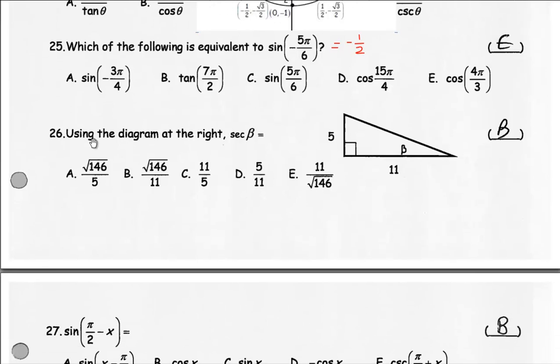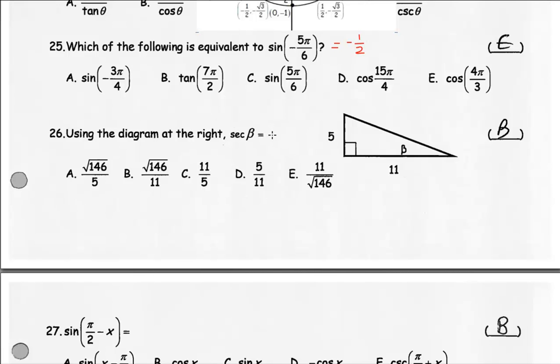For question number 26, it says using the diagram at the right, find the secant of angle beta. Well, secant is the reciprocal of cosine. So in order to find the secant, let's see here.